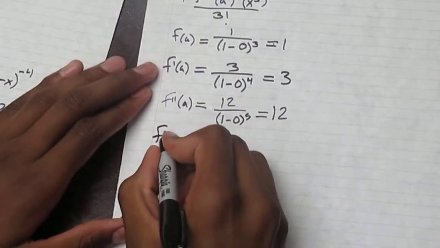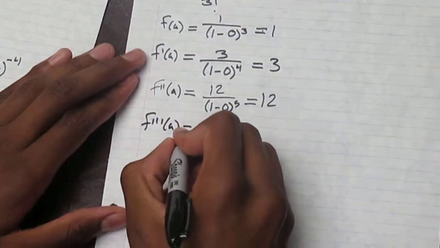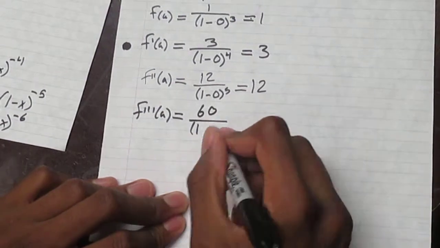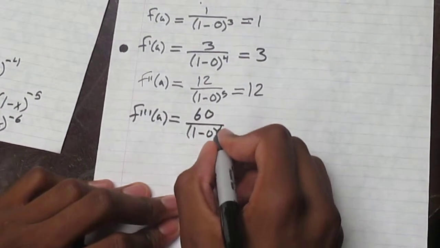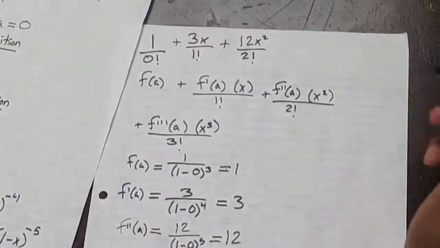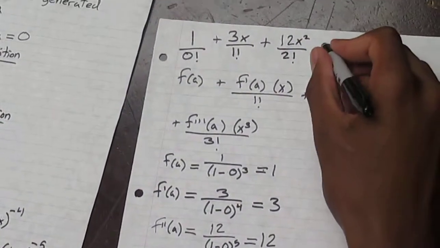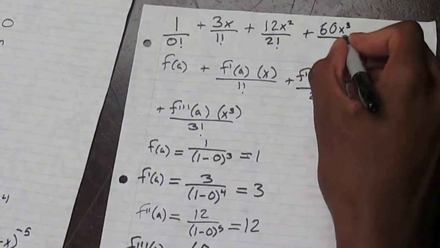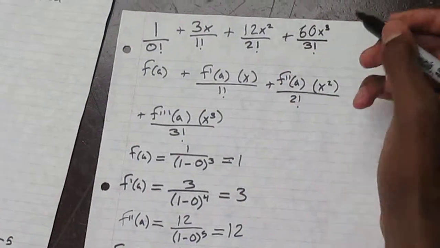Third derivative of a equals 60 over 1 minus 0 to the sixth, which equals 60. Here, multiply by x cubed, plus 60x cubed over 3 factorial.